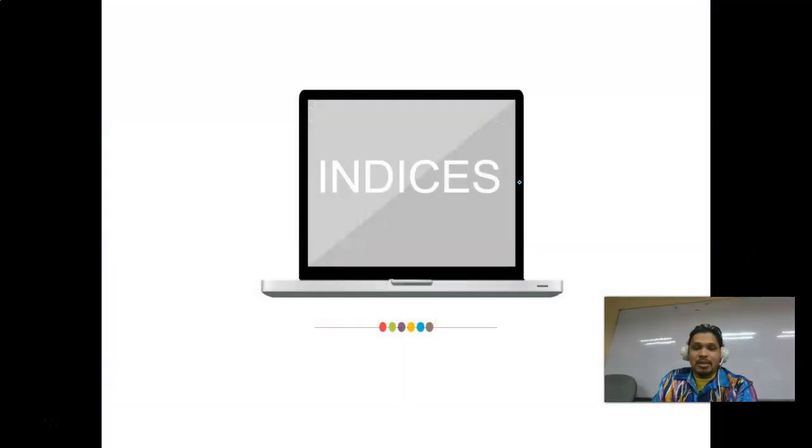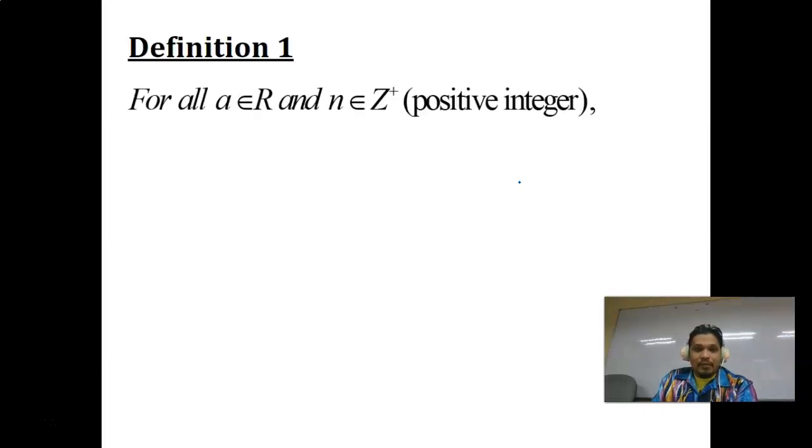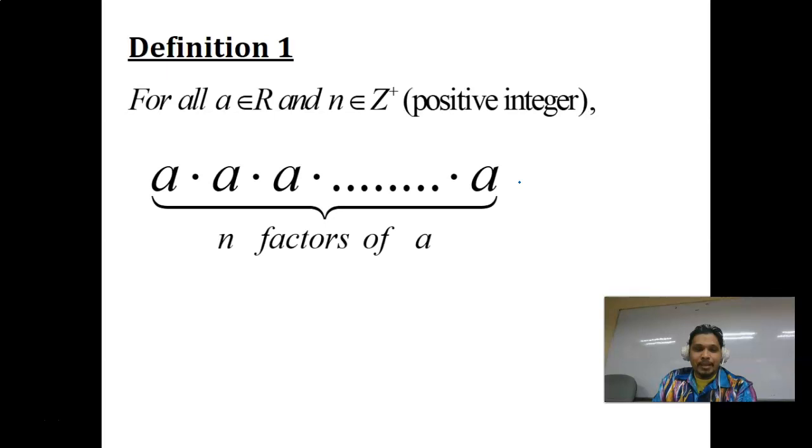So what are indices here? Index, or indices. The definition: for all a an element of the real numbers and n always a positive integer, it's just a multiplied by a multiplied by a, with n factors of a, equal to a to the power of n.